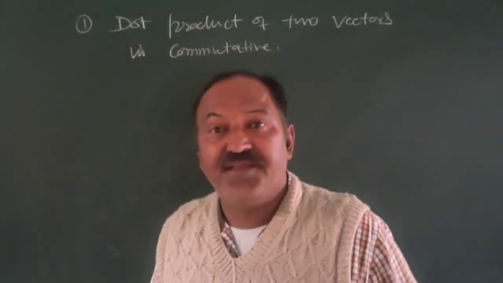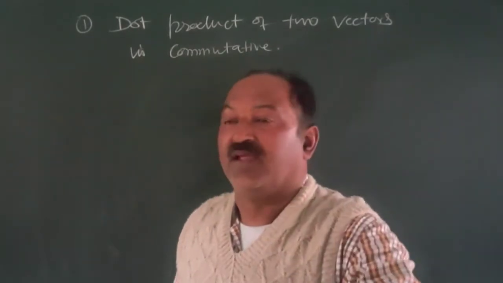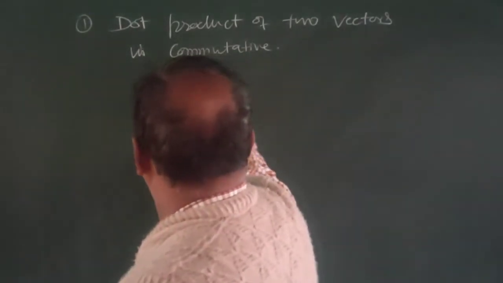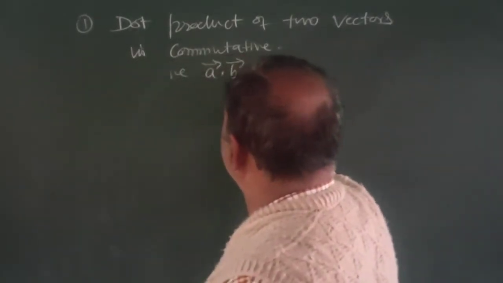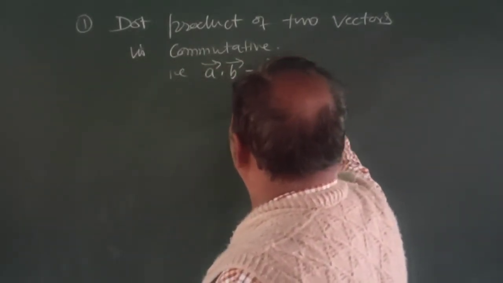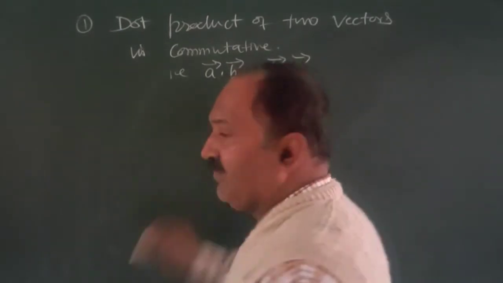In other words, A dot B is equal to B dot A. A vector dot B vector is always equal to B vector dot A vector.